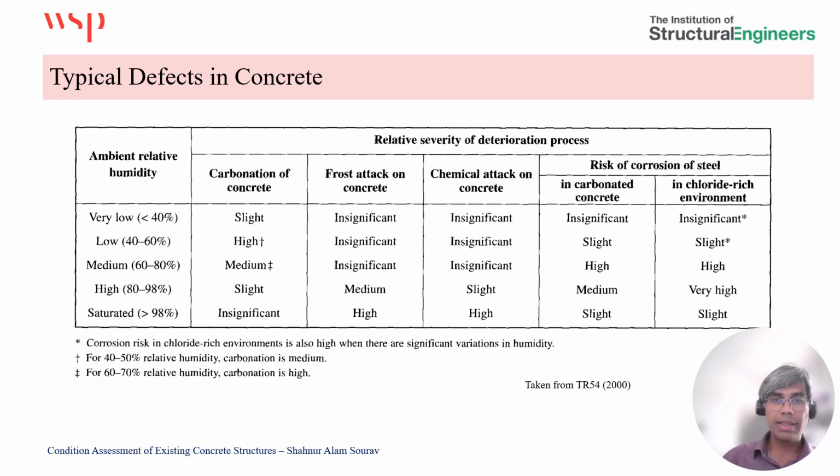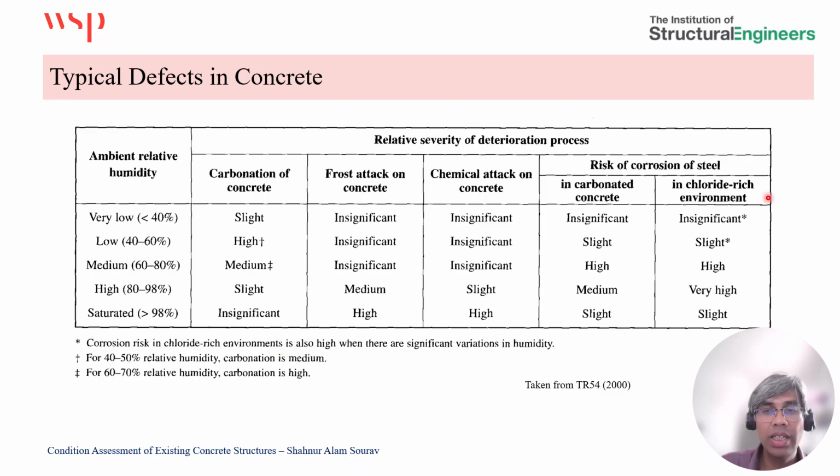This slide is particularly important for knowing the severity of deterioration processes in different relative humidity conditions. If we discuss reinforcement corrosion, the rate of carbonation-induced corrosion will be high when the relative humidity is at a level of 60 to 80%.